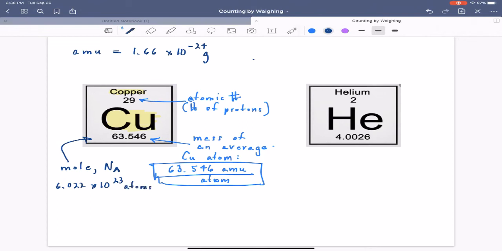We could say that the average group, a mole, has a mass of 63.546 grams in that large group. And we refer to that as a molar mass, and this particular one is for copper. So molar mass is the mass of 1 mole.